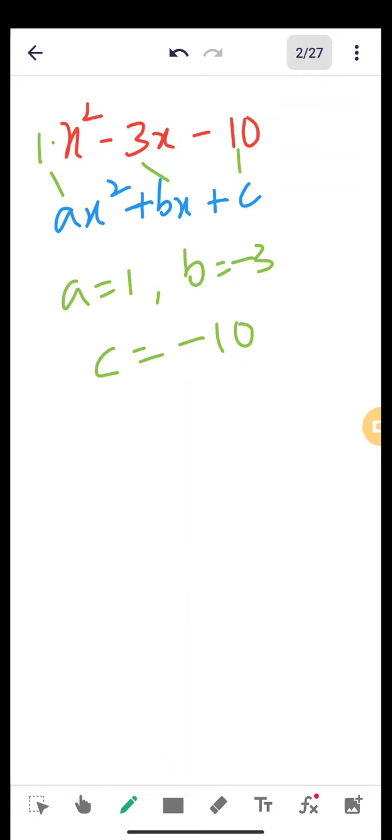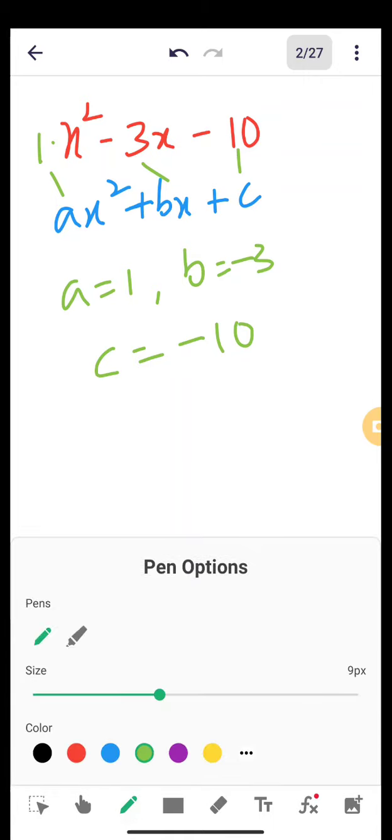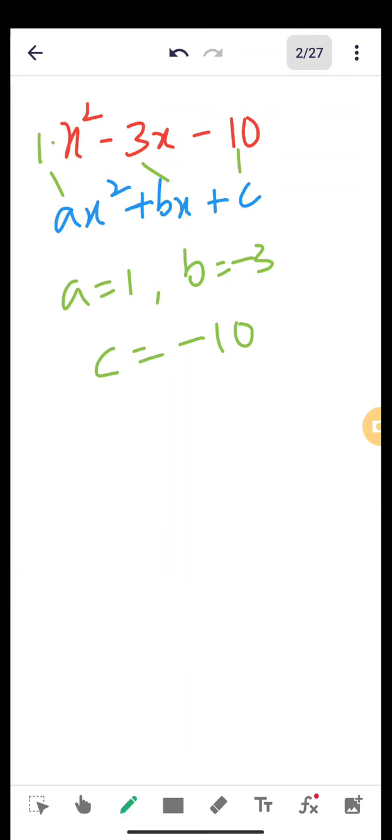Now we can solve this type of equations by using the quadratic formula also. So let's see what the quadratic formula is.